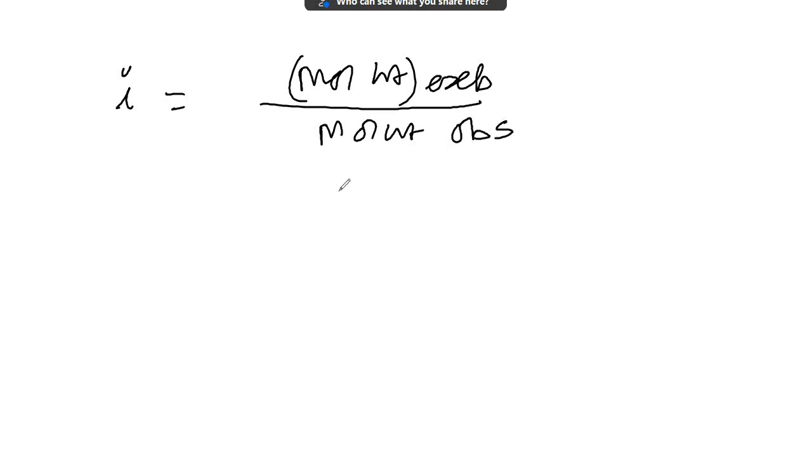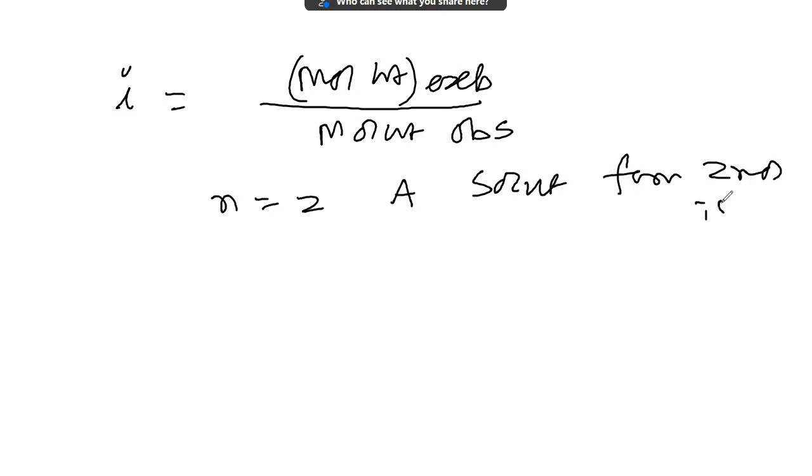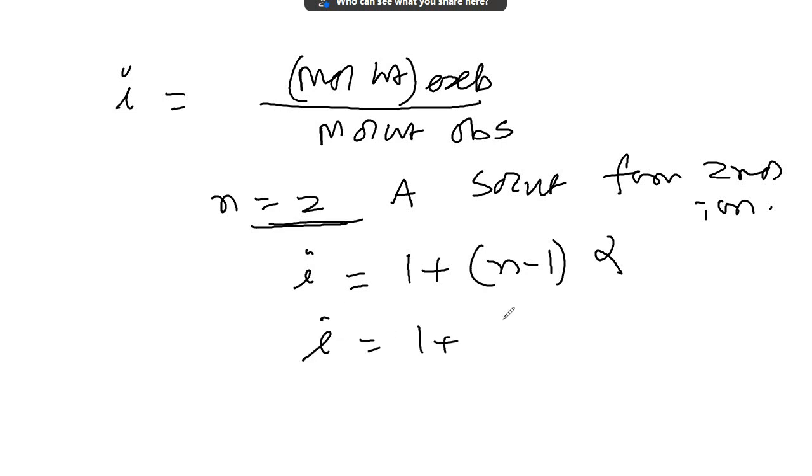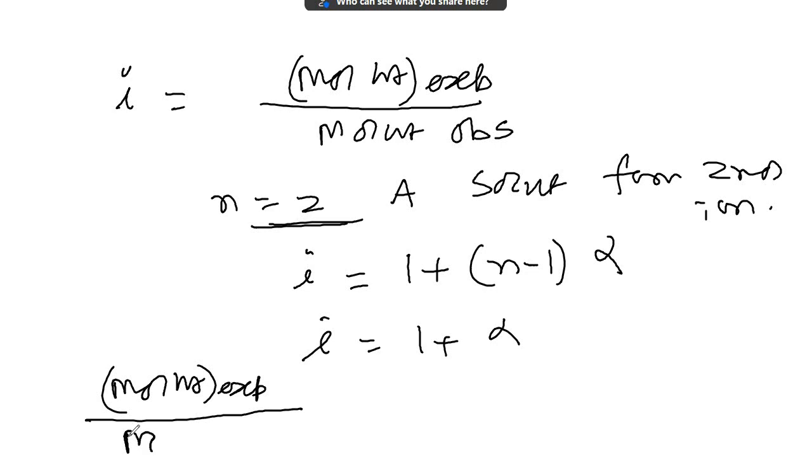Now suppose in the case of n equal to 2, a solute forms 2 mole ions. In this case, i is equal to 1 plus (n minus 1) into alpha for dissociation. When n is equal to 2, i is 1 plus alpha. So molecular weight expected over molecular weight observed is equal to 1 plus alpha.